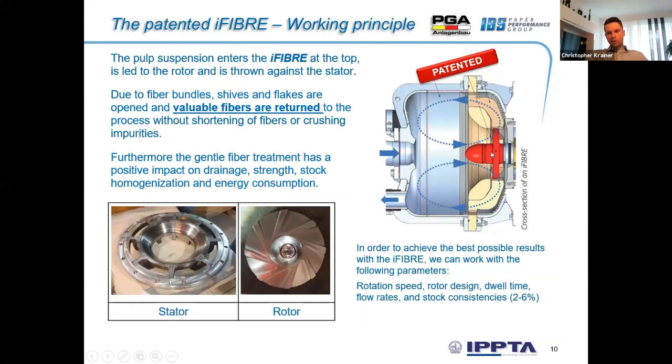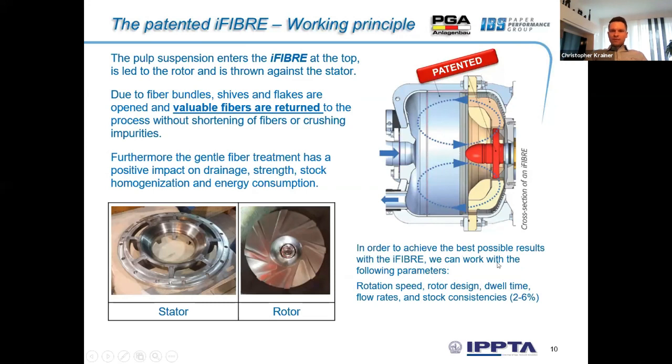This rotor turns at very high speed, and the suspension is thrown against the stator, and circulates internally, for example 7 times, working continuously. Fiber bundles, sheaves and flakes are opened and valuable fibers are returned. We have more fibers available to slip through the screen, and without shortening, as already mentioned.